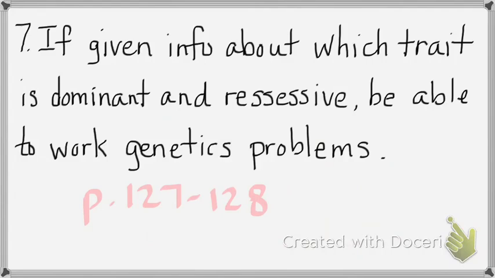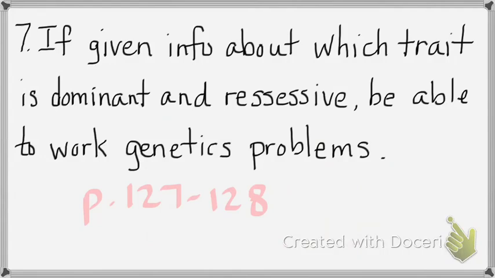Number 7, if given information about which trait is dominant and which is recessive, be able to work genetics problems. I wanted to remind you that there's going to be some genetics problems on the test, so I want you to go back and review a few. Page 127, would you just flip over there? We did question number 1. It's towards the bottom of the page about Nancy and everybody in her family.